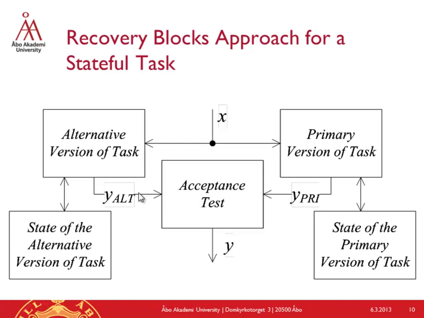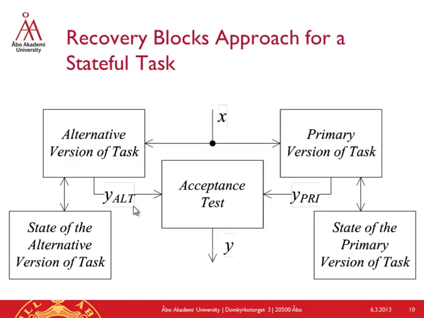So it allows us to decide which output we should use. Designing the acceptance test itself is not a very easy task, but it's possible. In some cases, it might be designed quite easily.